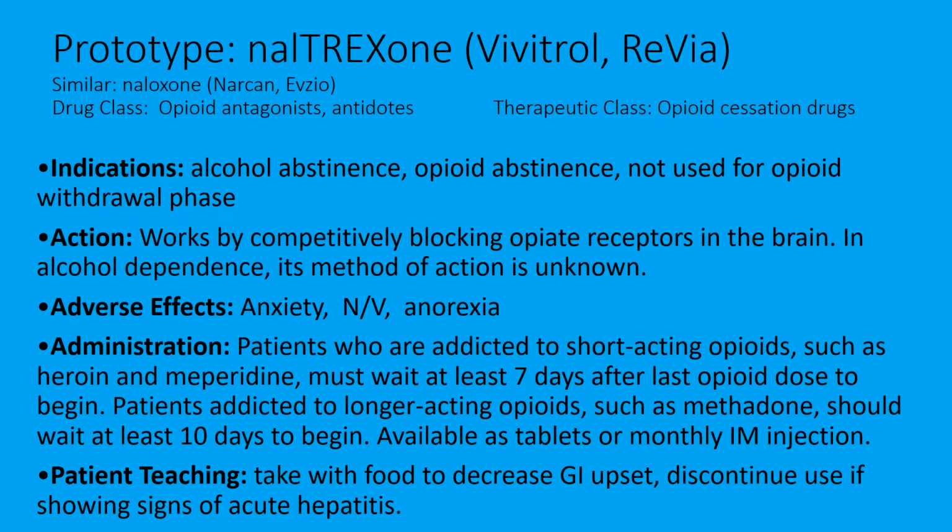So if you're taking this for opioid abstinence, then all of the opioids have to be completely out of your system before starting this, because this oral medication will go to the opioid receptors and completely block them.